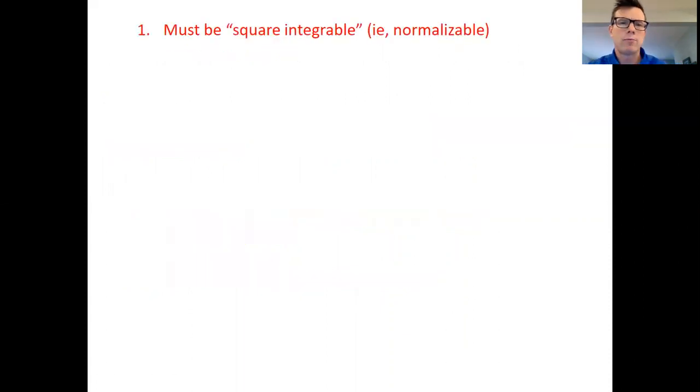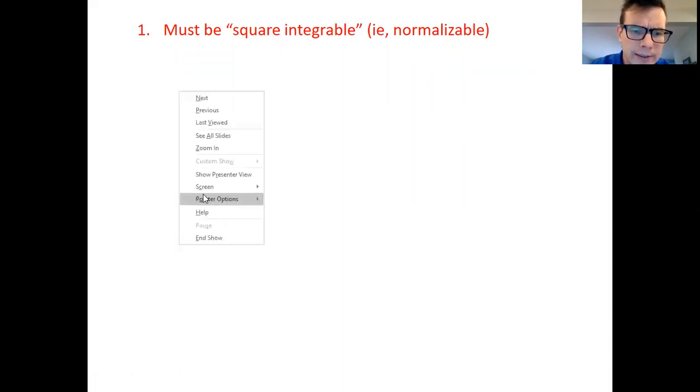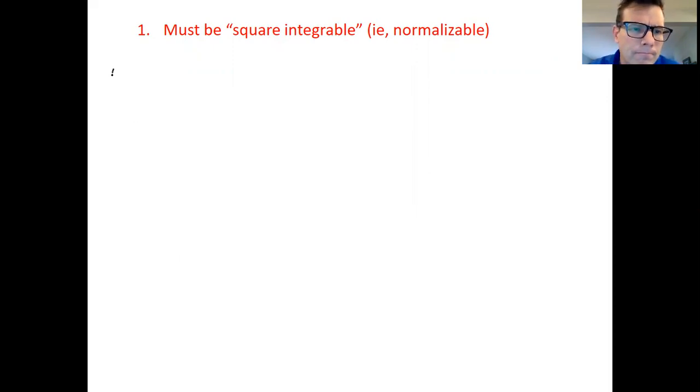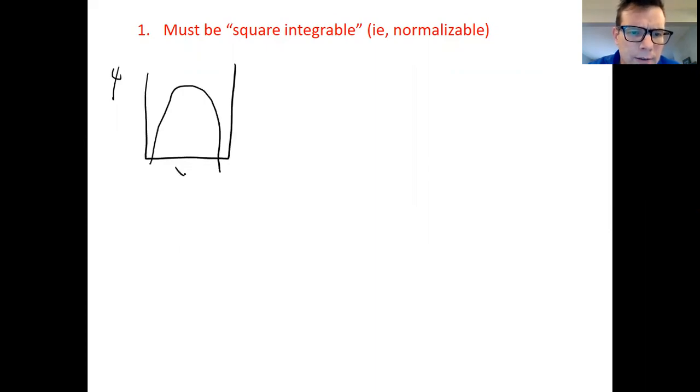So imagine I had some wave function which looked like this. Here's my wave function. It's a function of x. A specific mathematical form might be something like psi equals n sine x. So this is one hump of a sine function.